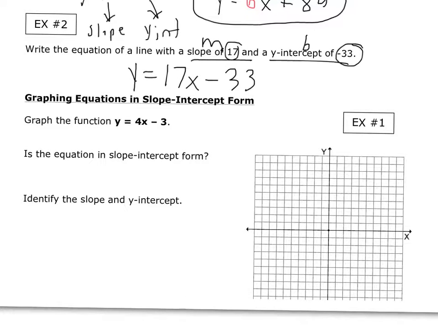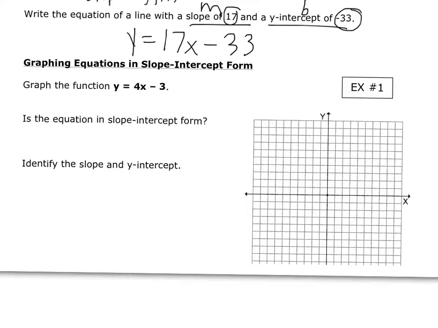Let's go ahead and graph this function real quick. The first question is: is the equation in slope-intercept form? If we look at this equation, it sure looks like it's in the general form y equals mx plus b. So yes, it is in that form.